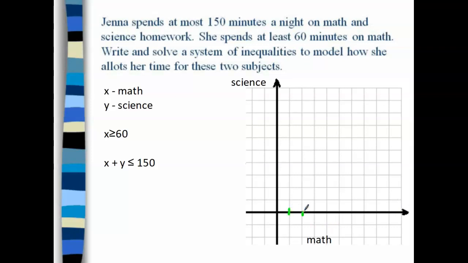So 20, 40, 60, 80, 100, 120, 140, 160. And same with over here, 20, 40, 60, 80, 100, 120, 140, 160.